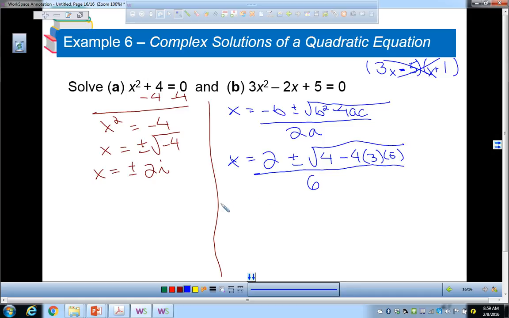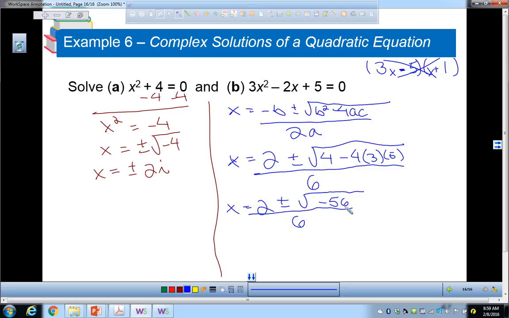And then you simplify this. You guys are advanced, you should be able to simplify these, okay? Square root of 4 minus 60 is negative 56 over 6.